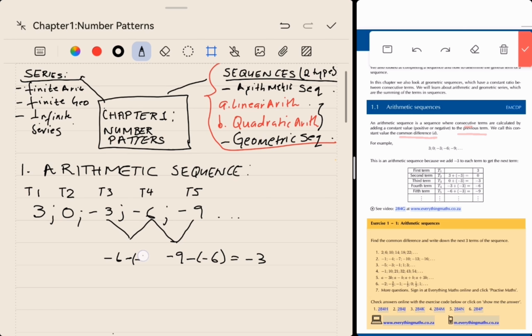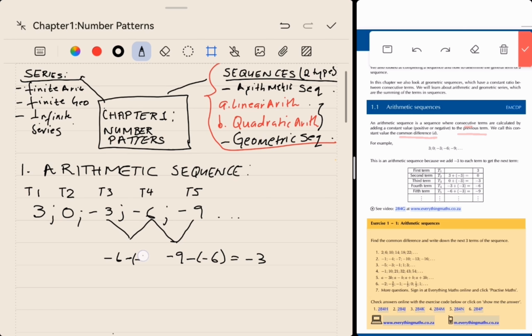And then you go on: minus 3 minus 0 is minus 3. 0 minus 3 is minus 3, right? There is your common difference, and you see minus 3 between each term, which means you are adding minus 3 from the first to the second, and so on. So our common difference is equal to minus 3. I hope you got that.